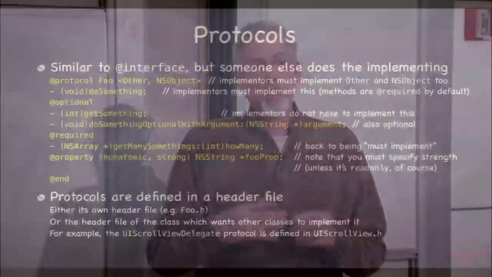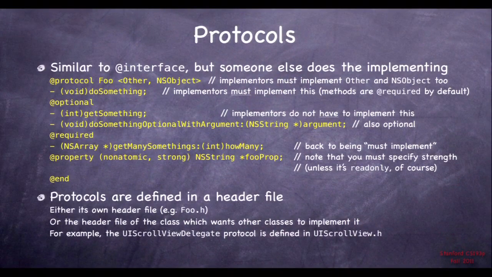Okay, so we talked about required and optional. Protocols are declared in header files, and they could be in their own header file. I could have a header file called foo.h which just has this protocol declared in it, and it's imported into classes that both want to implement this protocol and also want to use the protocol, in other words, want to send messages to objects that implement the protocol.